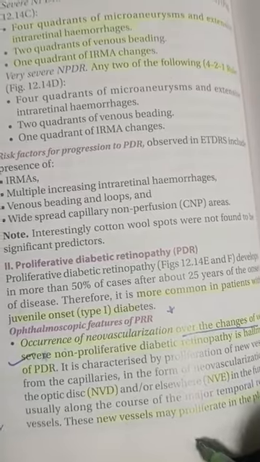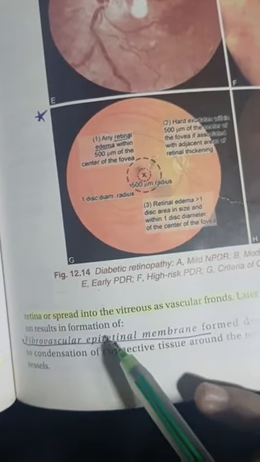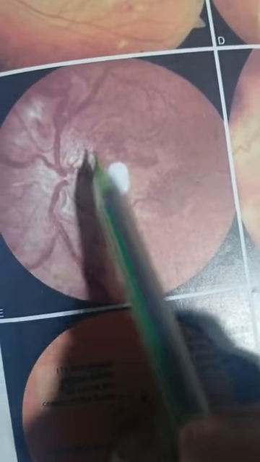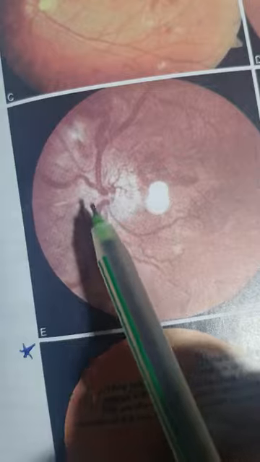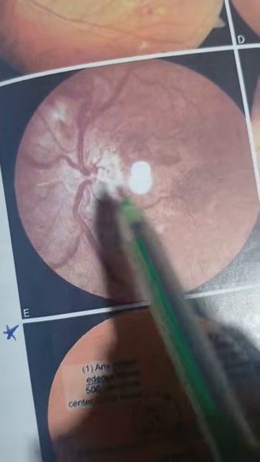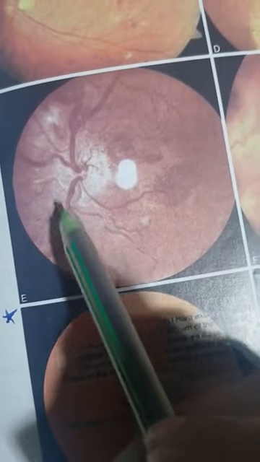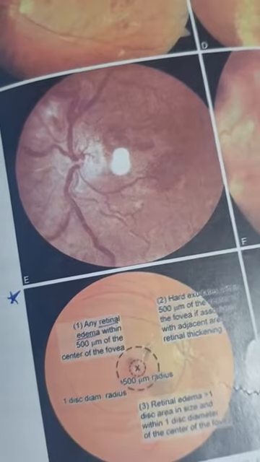This new vessel will proliferate in the plane of the retina and spread into the vitreous as vascular fronds. Can you see now in the diagram, these are the vascular fronds. This is the optic disc, and this is the vascular dilatation with proliferative new vessels which have more fibrovascular core, more fibrous.